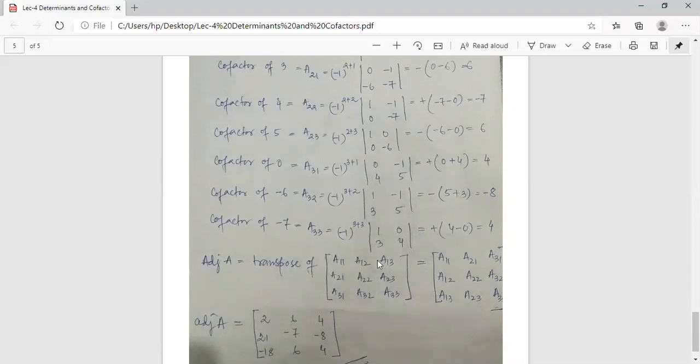Its rows will become the columns. So the first row A11, A12, A13 becomes the first column, right? The first row in the form of a column, then the second row in the form of the second column, and the third row in the form of the third column, and we will get the adjoint of the given matrix A.